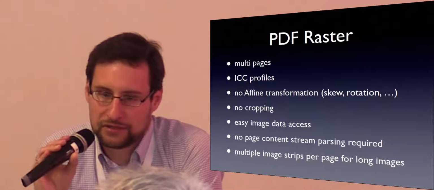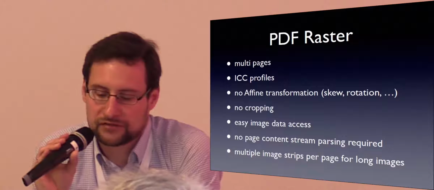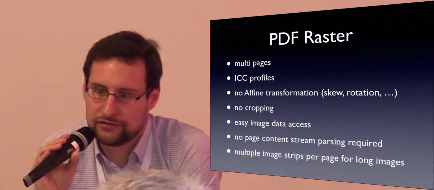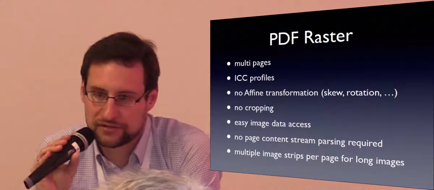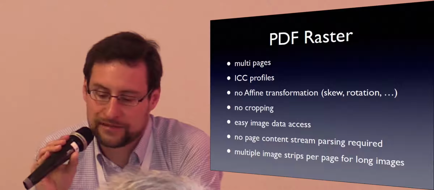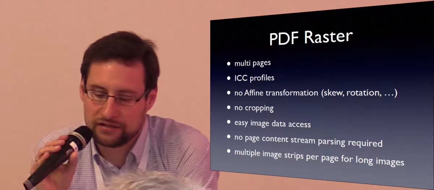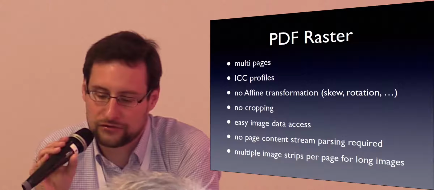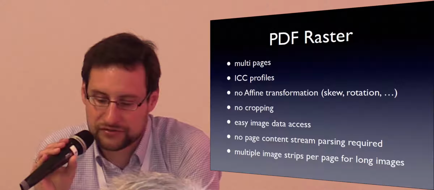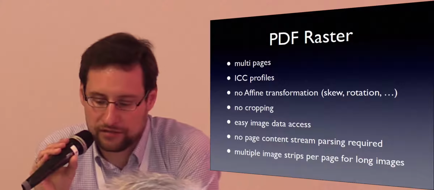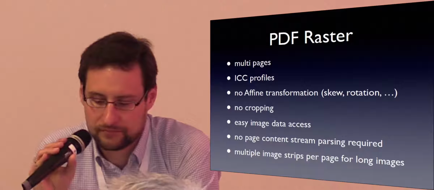It is there, but in PDF Raster you can rely that the images are in order, and you can just take them, and if there are multiple strips, combine them, and you have the original image data without any loss or blurriness or filters as it came from the scanner or image application.